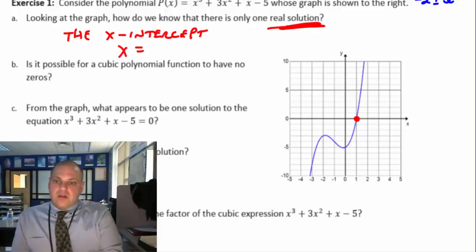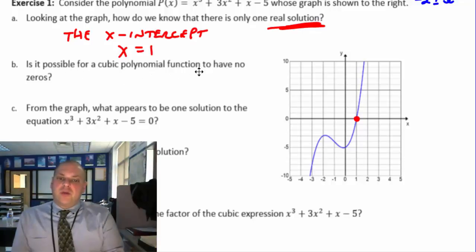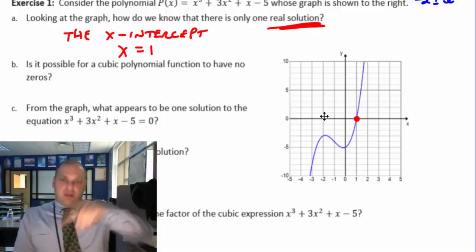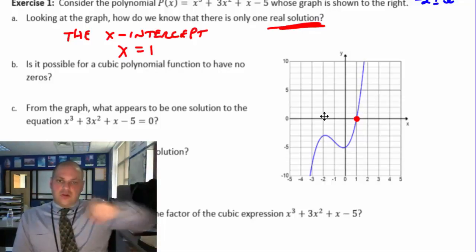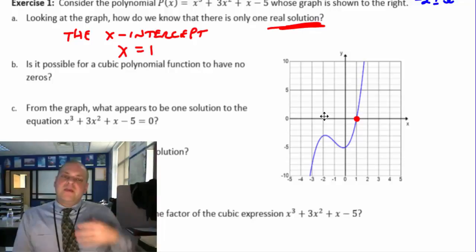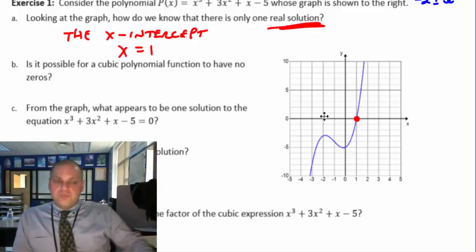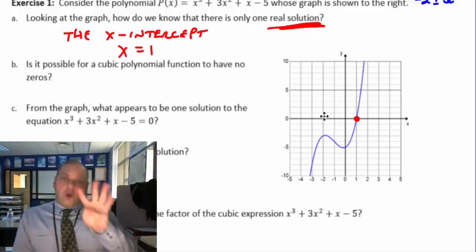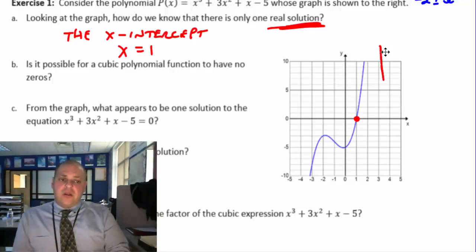The x-intercept is the real solution, and that will be x equals 1. Is it possible for a cubic polynomial function to have no zeros? Well, the answer is no. A fourth degree could have no zeros because it could come down, come back up, go down, and then go back up, like a W, and it doesn't have to hit the x-axis.